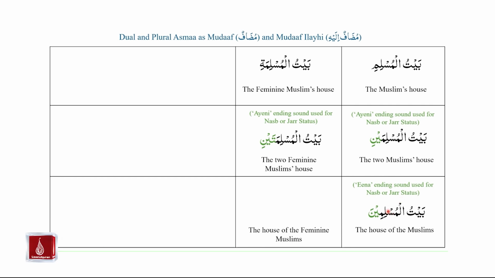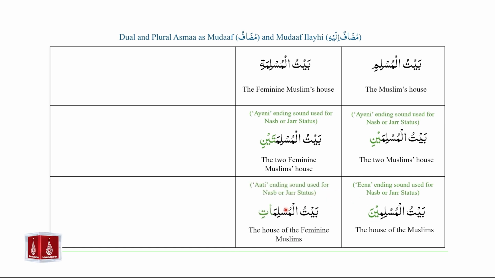Ina ending sound will be used for nasab or jar status. Baytul Muslimina, the Muslims who own the house, or the house of the Muslims. Baytu meets criteria for mudaf. Al-Muslimina, because it is in the jar status, because it is majroor, meets criteria for mudaf ilayh.